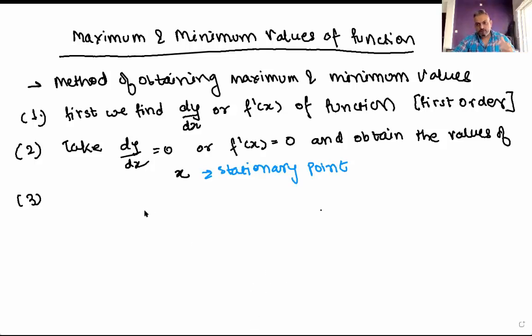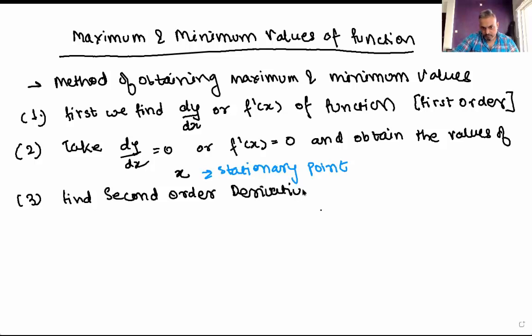We took that equation as 0. We found the value of x. Now we find second order derivative. So that is, we find second order derivative of y with respect to x, which is equal to f double dash x.